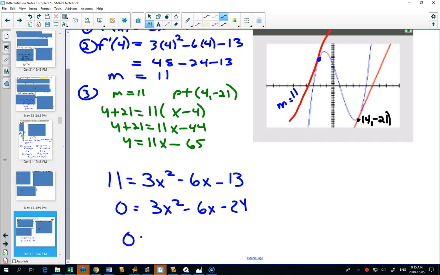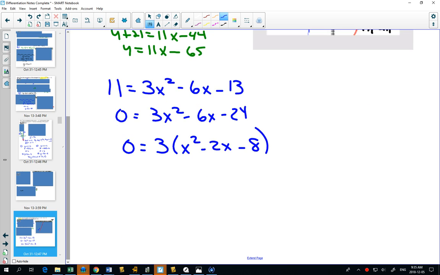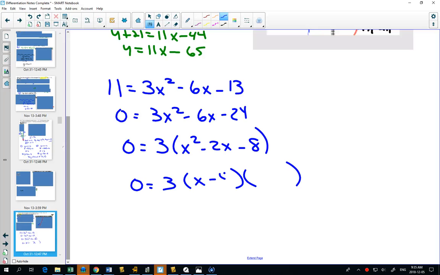That'll make your factoring easier, leaving you with x² − 2x − 8. This factors to be (x − 4)(x + 2).